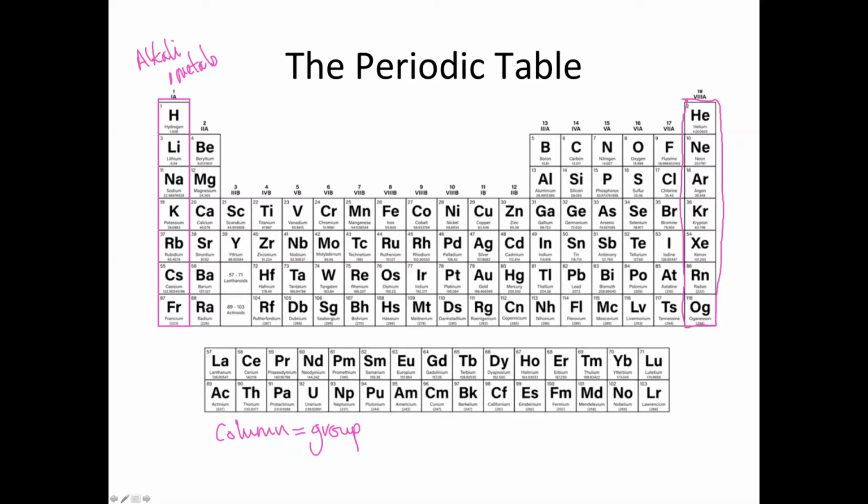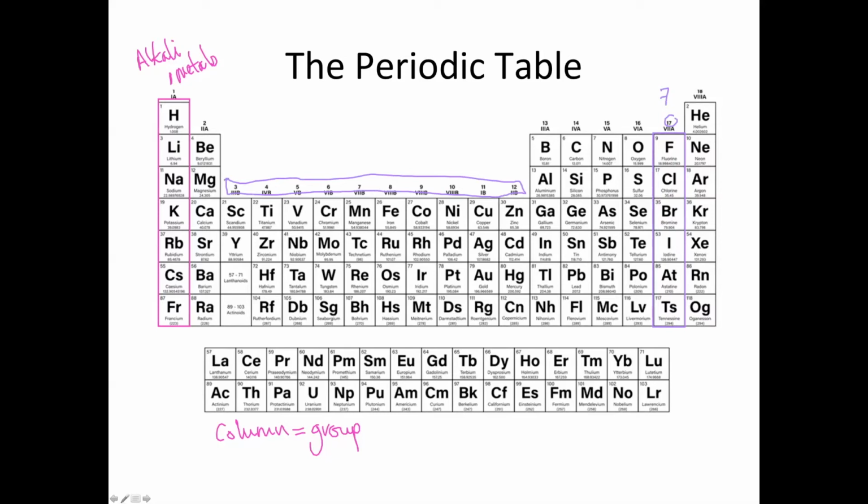Okay, the next group we're going to look at is, we'll change the colour. I like colour coding things. Is this group here. Although this has the number 17 on the top of it, this is actually known as group 7 because we don't count these groups here as numbers.